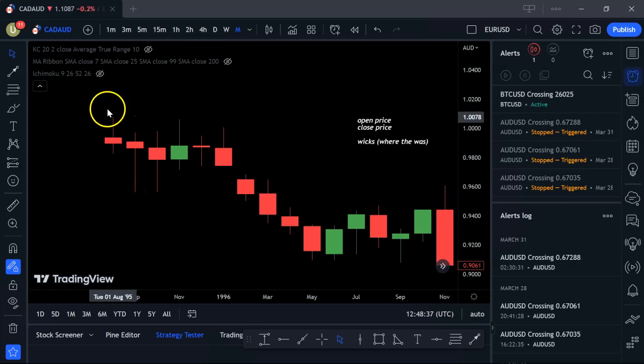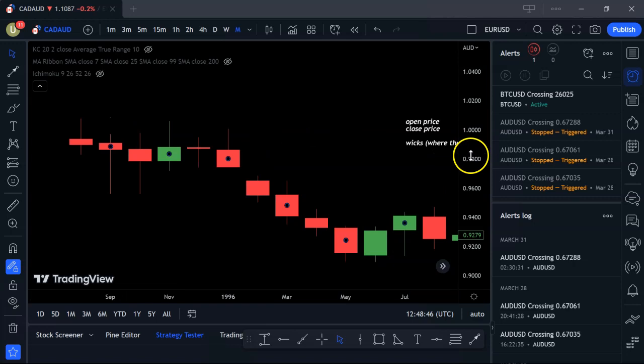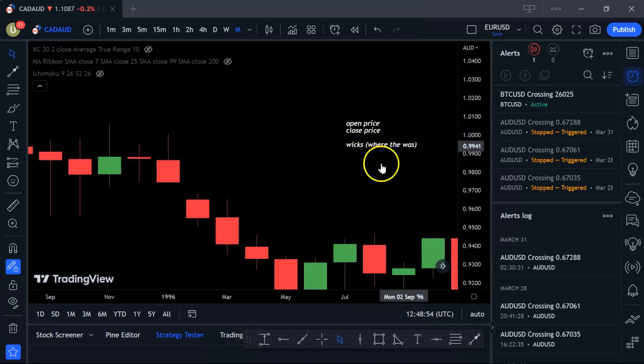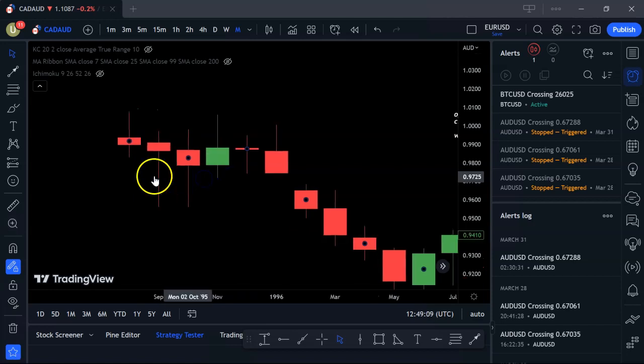Remember, the body of the candle tells you the opening price and the closing price, and the wick tells you where the market was or has been. So please be patient with me. You're going to understand this trading properly.